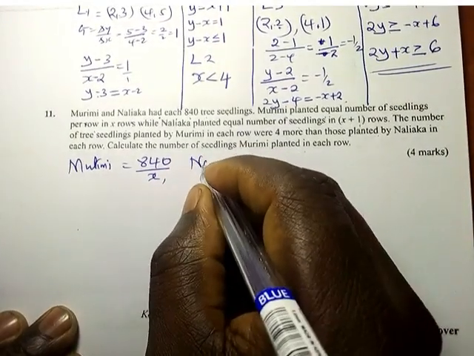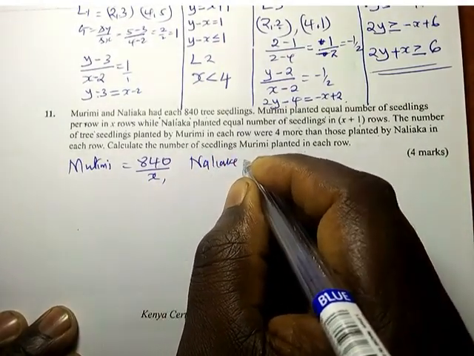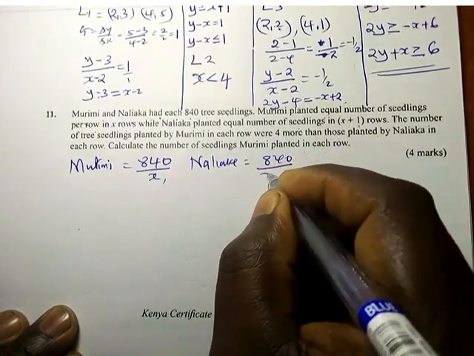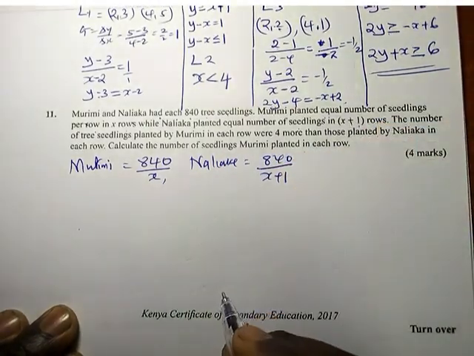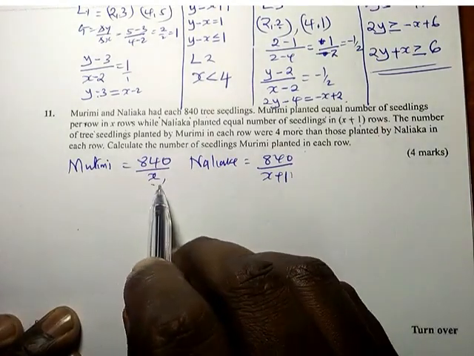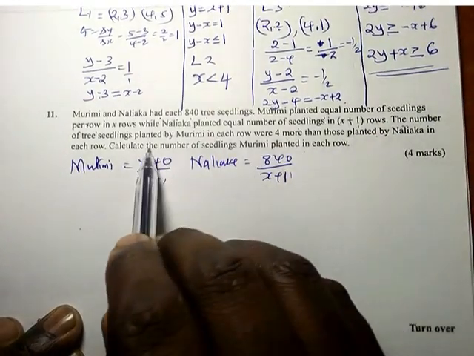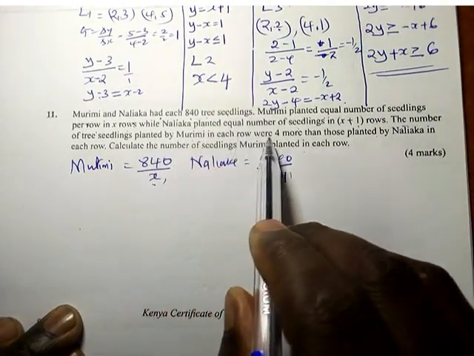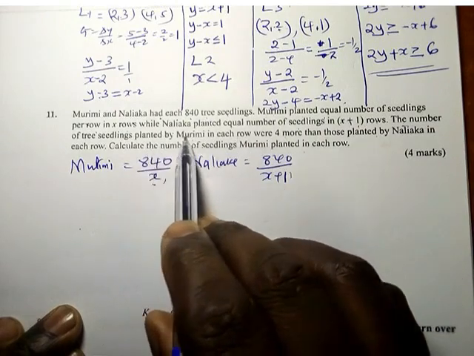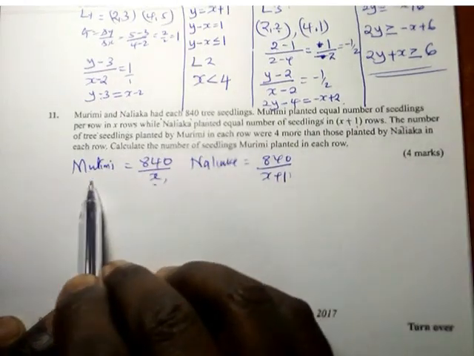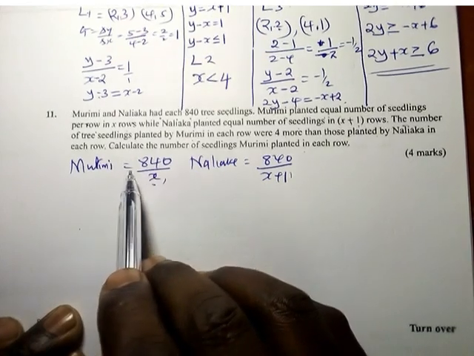So Mulimi planted 840, both they have 840, and he planted x rows. And then Naliaka planted 840 divided by x plus 1 because alikuwa na x plus 1. But by so doing, the number of seedlings planted by Mulimi in each row were 4 more. So Mulimi alipanda more by 4.